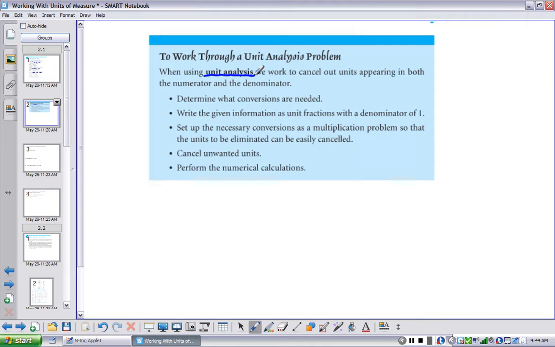Okay? If you have an equation, or if you have a unit of measure, let's say 60 minutes equals 1 hour. Then we can make this a unit measure by getting the quantity 1 on either side.